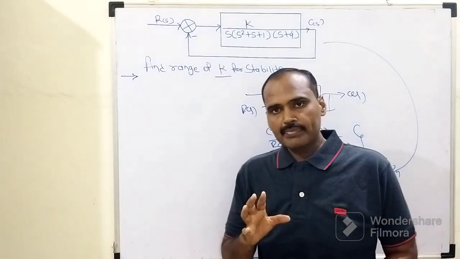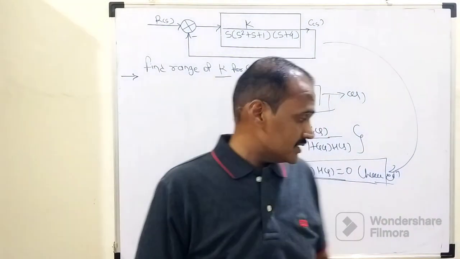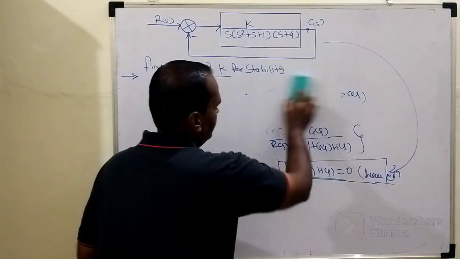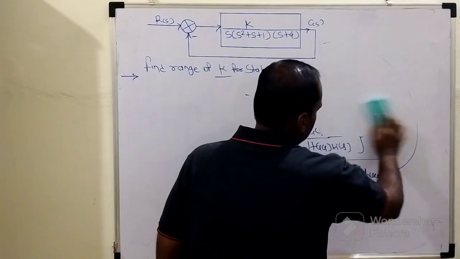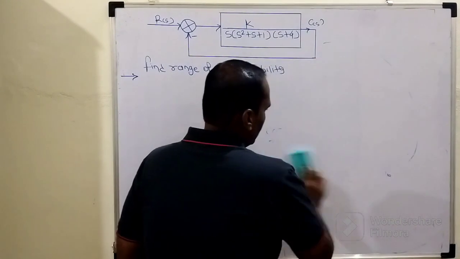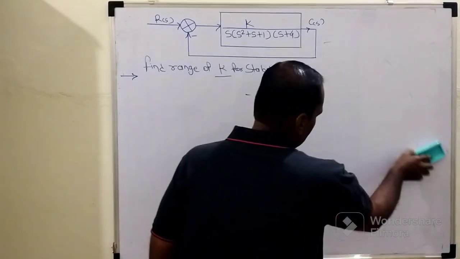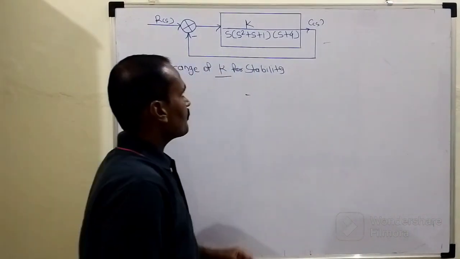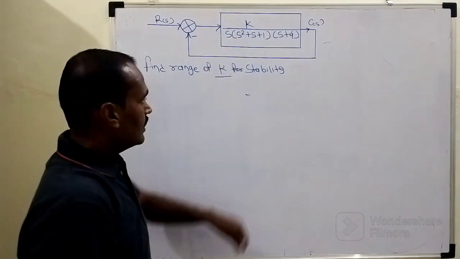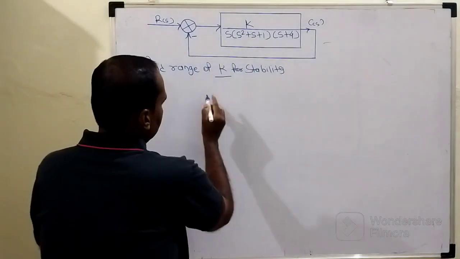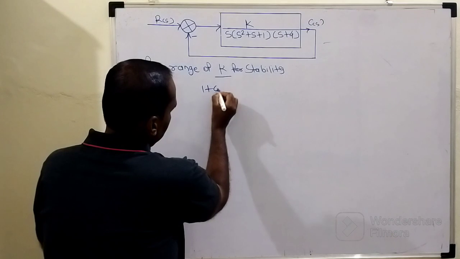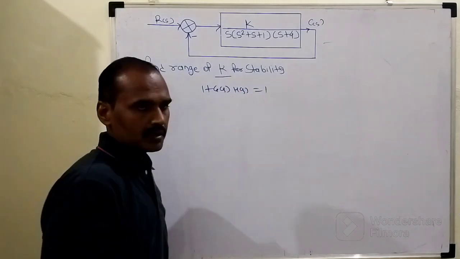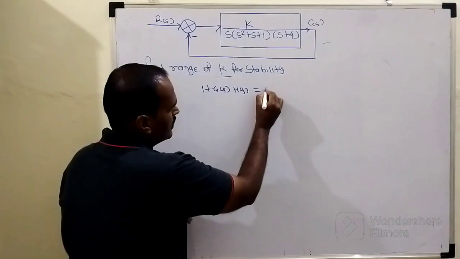So let us quickly go through the characteristic equation for this system. For the sake of understanding, how to get the characteristic equation of this unity gain system with negative feedback, as I told you earlier, we need to write the characteristic equation in this form: 1 plus G of s into H of s equals 0.